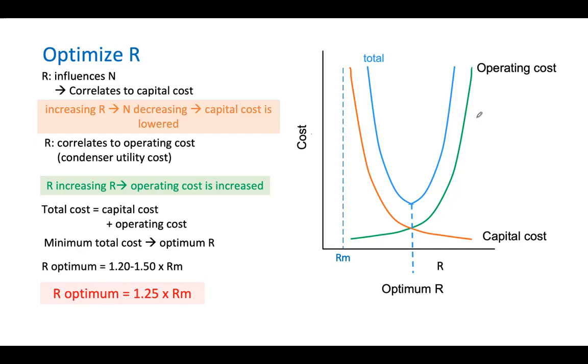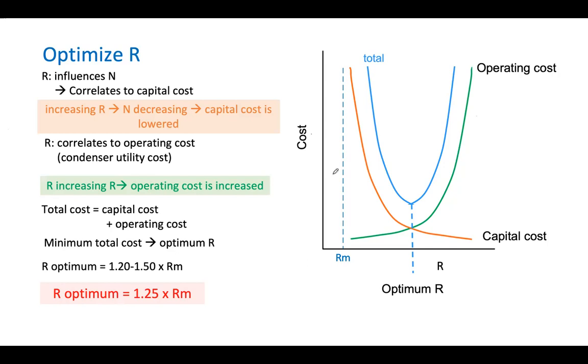Then the liquid must be boiled up again at the bottom by the boiler, so you need fuel to heat the boiler. So first you cool down the condenser, and also you boil up the boiler. R correlates to operating cost exponentially, which is the utility cost, so increasing R increases operating costs.